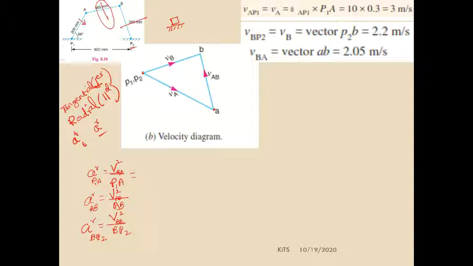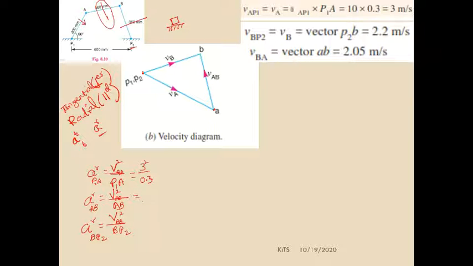The velocity of AP1 is 3 meter per second, that we know. So 3 squared divided by P1A. P1A is 300 mm, which means 0.3 meter. You have to write it in meters.